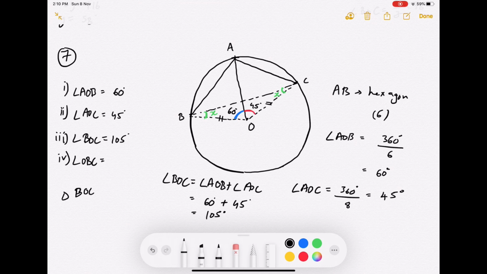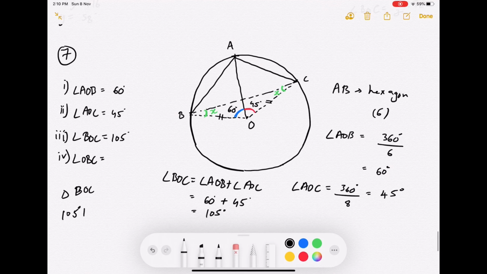Then I can again use the angle sum property in triangle BOC: 105 plus 2x is 180 degrees. So twice of x is 180 minus 105, which is 75 degrees. So x will be equal to half of 75 degrees, which is 37.5 degrees. Therefore, angle OBC is 37.5 degrees.